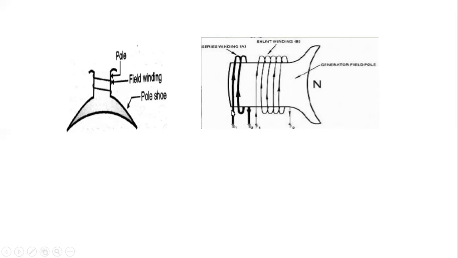This is the overall field system. This field system consists of three parts. First one is the pole core, this is the pole core.